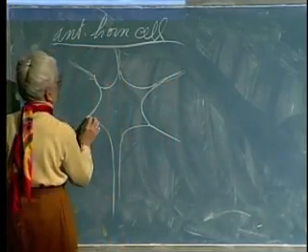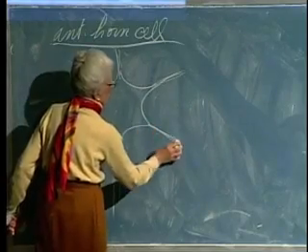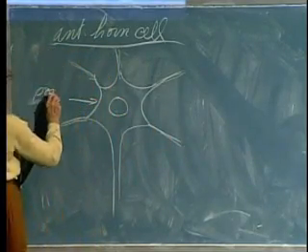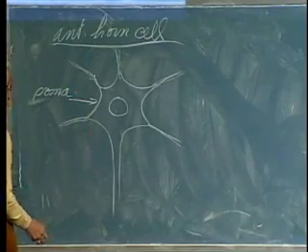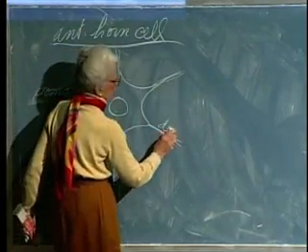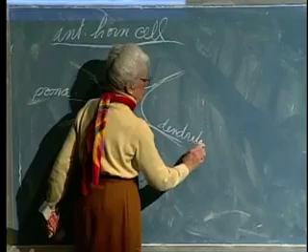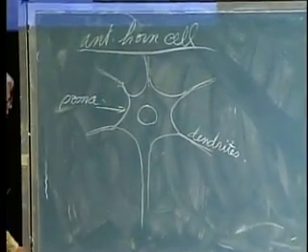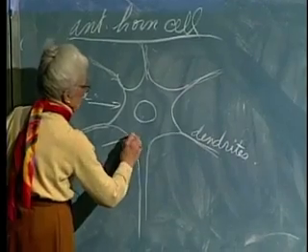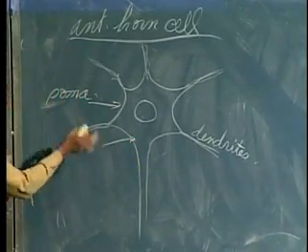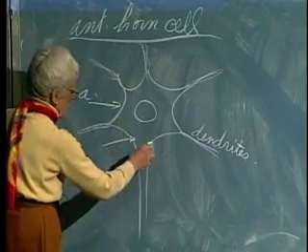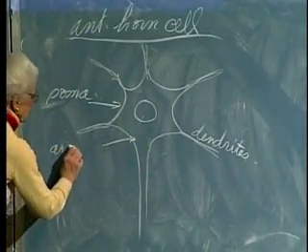Put in a nucleus. Here's our soma. These will be dendrites. And here's an axon. The axon is attached to the soma at what is called an axon hillock. A little hill here, an axon hillock.